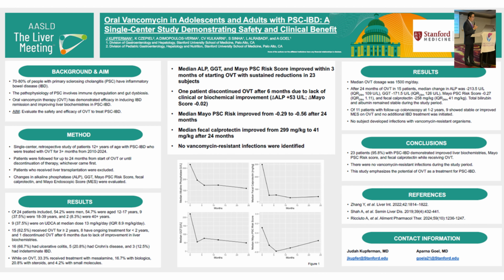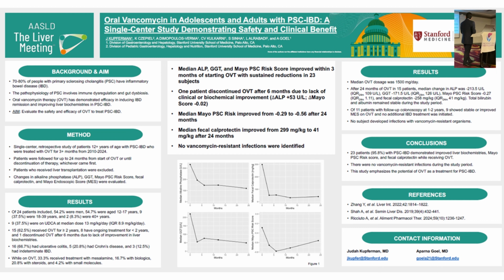As I mentioned, there's no effective treatment that we know of. So this is an interesting study that looked at patients with PSC and IBD. As you know, sometimes we can use oral vancomycin to achieve remission in IBD. So they looked at those patients.